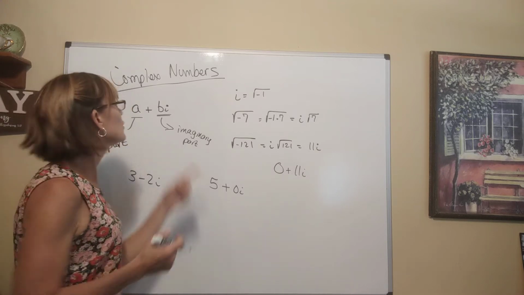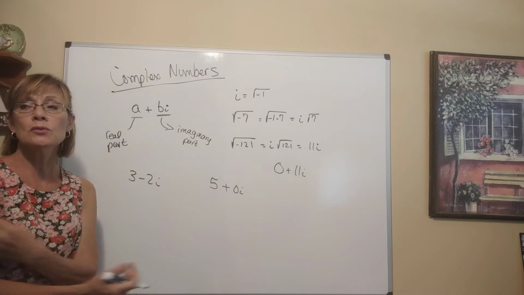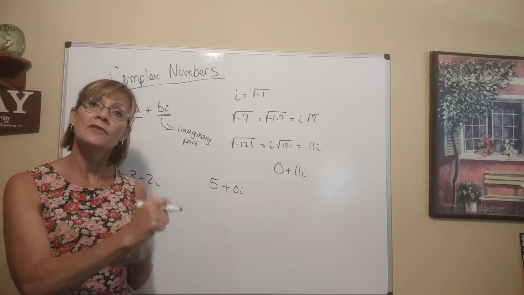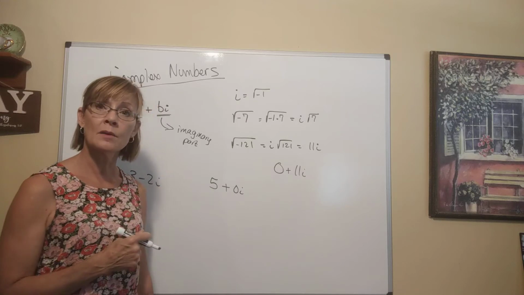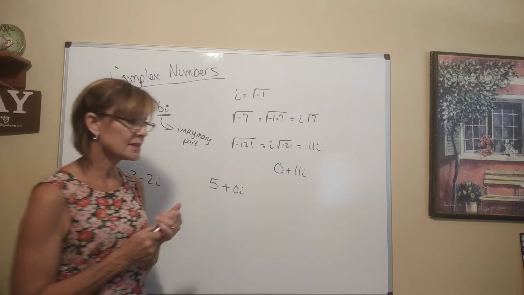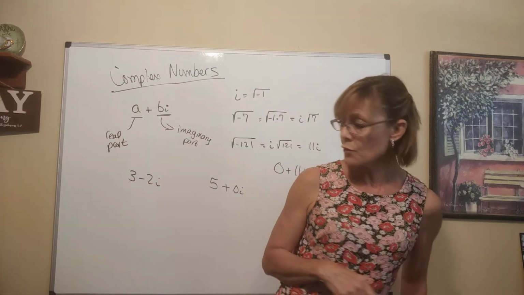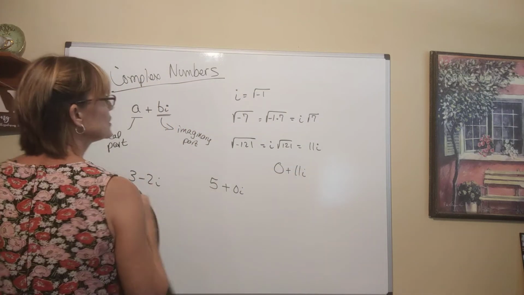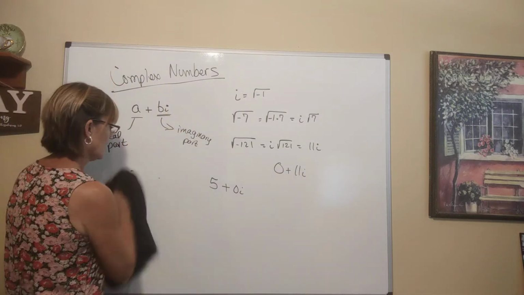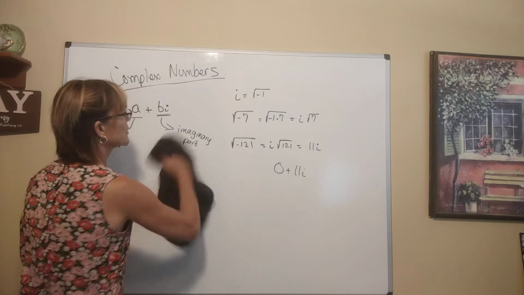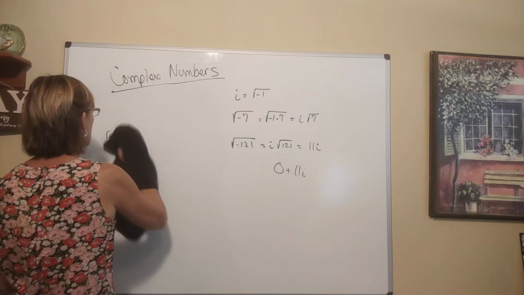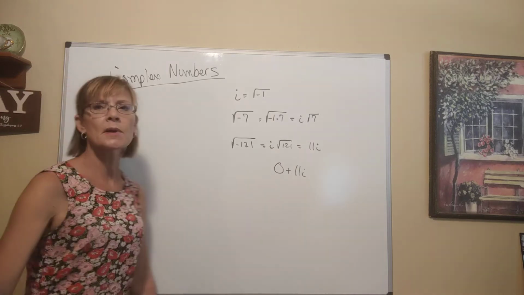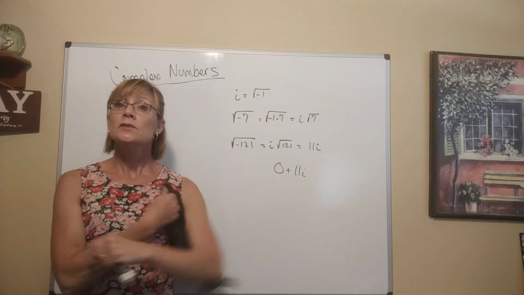Okay, so what you can do with complex numbers is add, subtract, multiply, and divide them. It's pretty straightforward once you accept the fact that an imaginary number is not pretend. This is the truth.